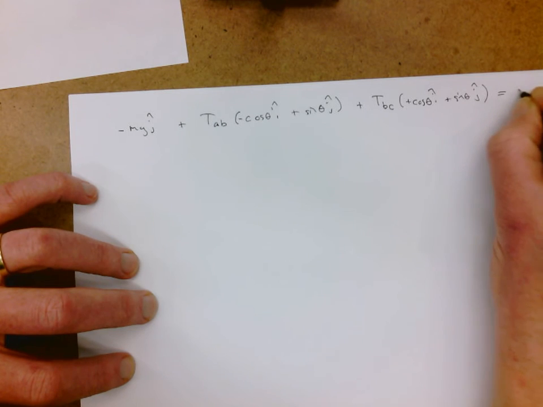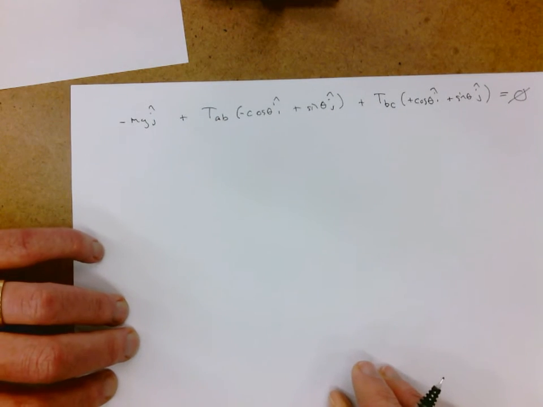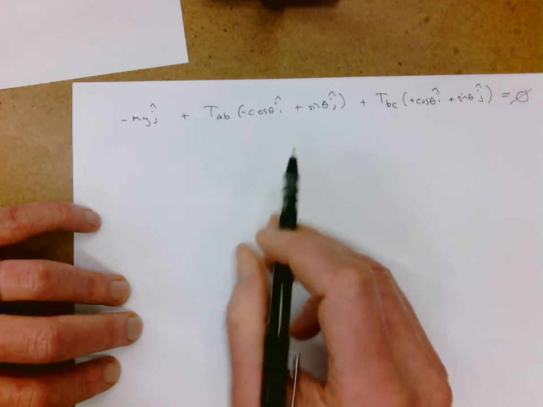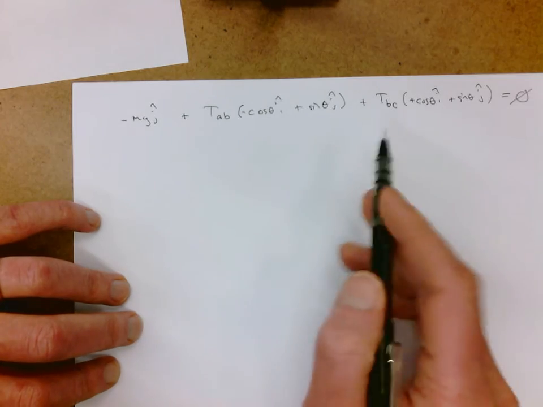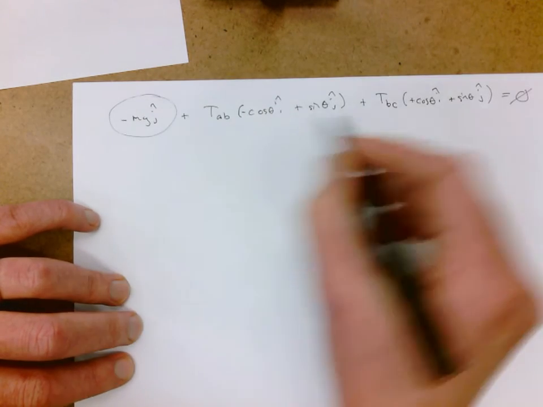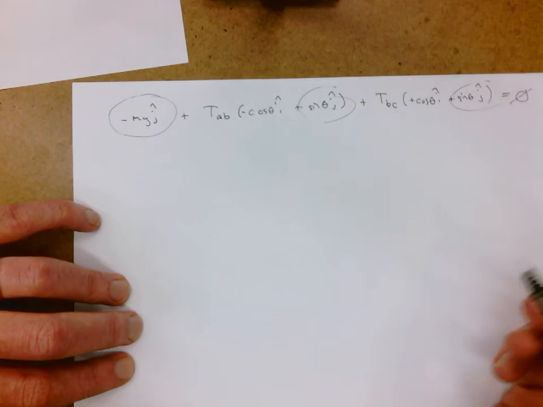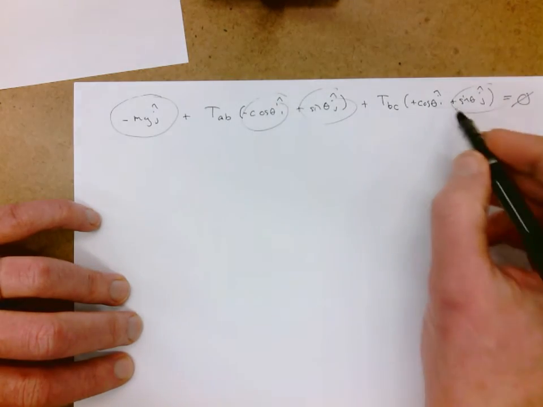And that whole vector quantity has to be equal to 0. Well, the only way that vector quantity can be equal to 0 is if each of the components are equal to 0. In other words, all the j hat stuff has to add up to 0, and all of the i hat stuff has to add up to 0.